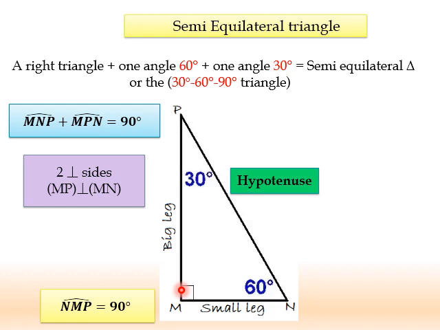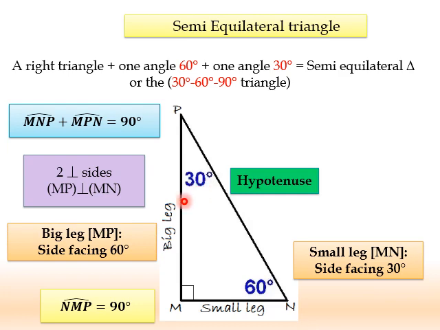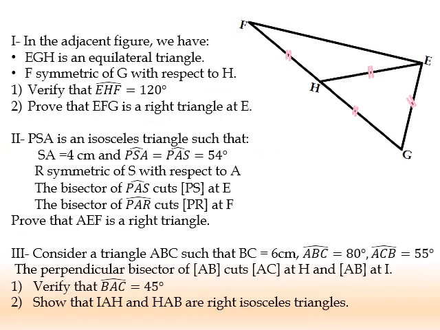We have two perpendicular sides, MP is perpendicular to MN. The small leg is the leg facing the 30 degrees, and the big leg is the side facing the 60 degrees.